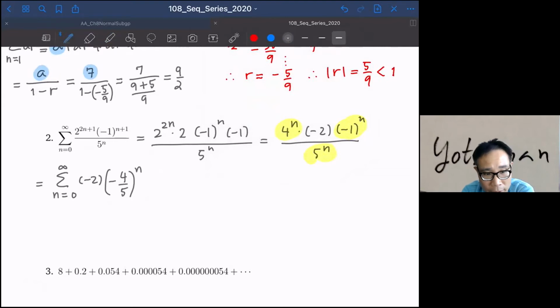So it's going to become here. And you see that this can be written as negative 2 when n equal to 0. So n equal to 0, you have n equal to 1, so it's going to be negative 2.